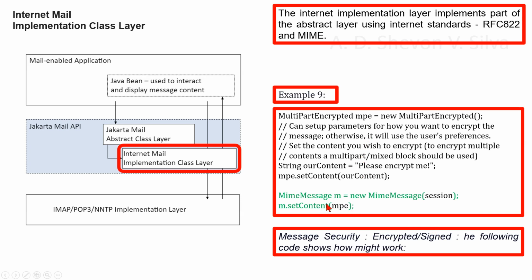There will be other methods that allow the setting of which encryption scheme shall be used and the keys involved. Creating a multipart signed message is very similar to creating a multipart encrypted message, except that the MultipartSigned object is created instead.